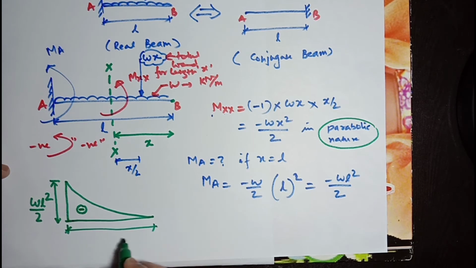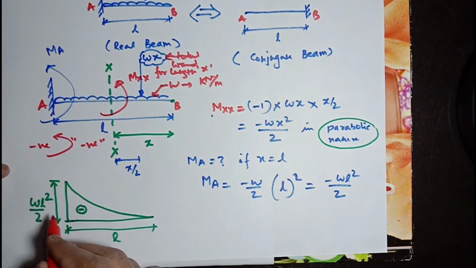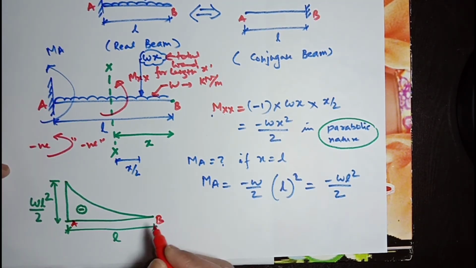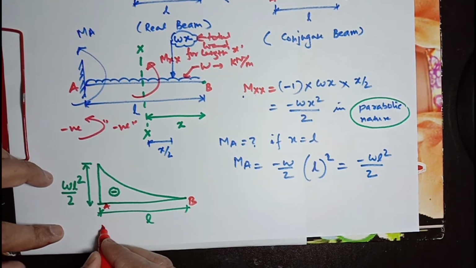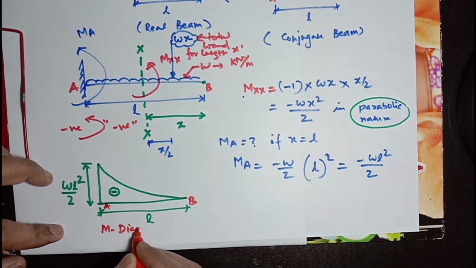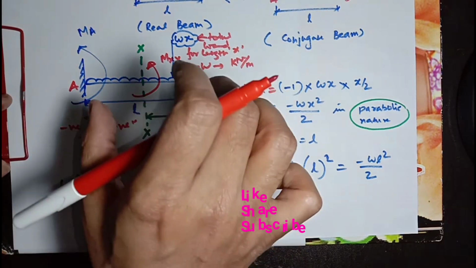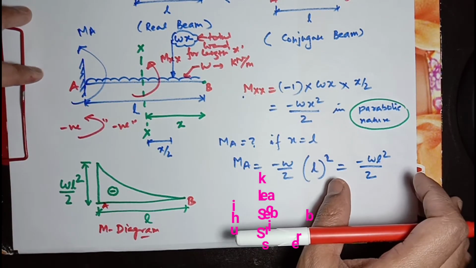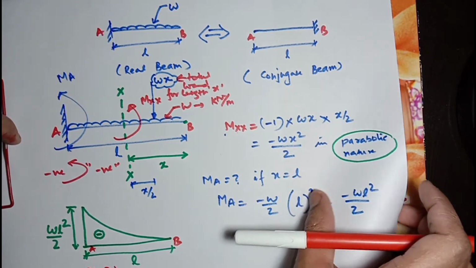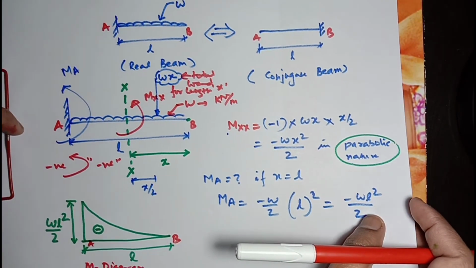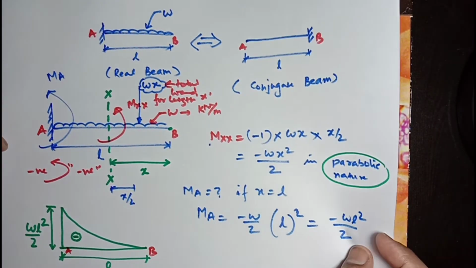Length is same. This point is A and this point is B. This is the M diagram, or you can say that it's a bending moment diagram for real beam. Now we have to convert this into a M over EI diagram.